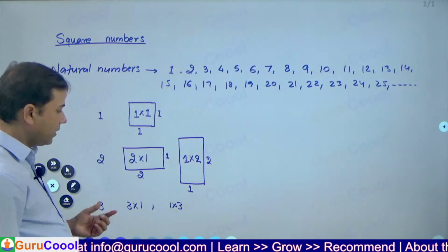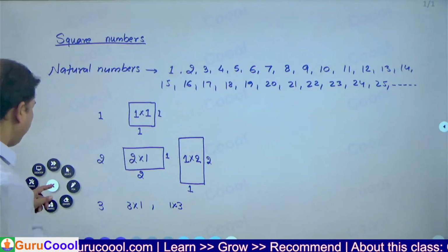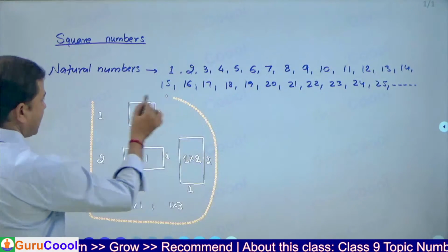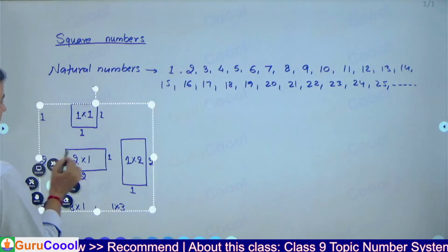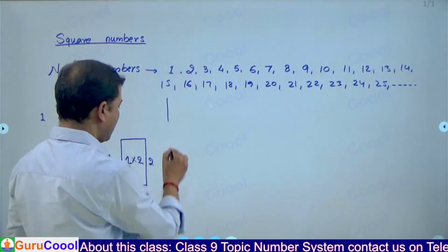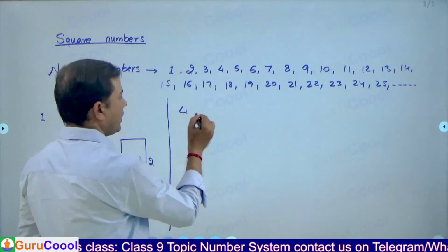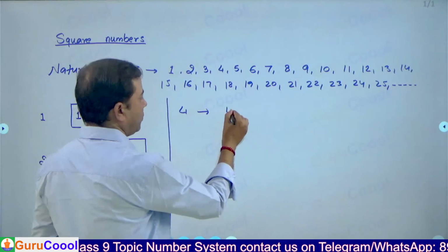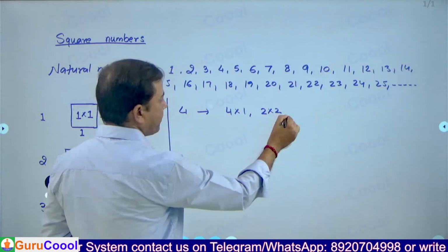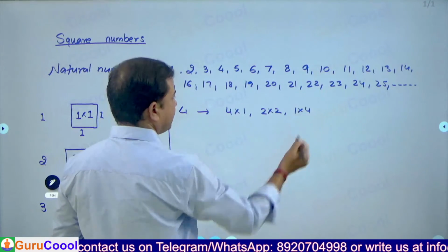In how many ways can 4 be represented? Think and answer. Are you sure? Yes, sir. 4 can be represented as 4 into 1, 2 into 2, 1 into 4.